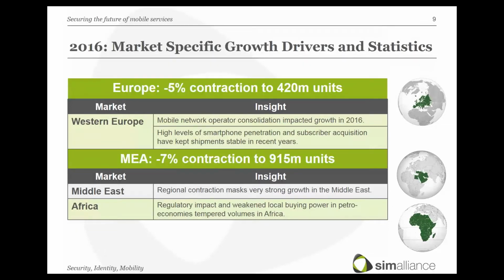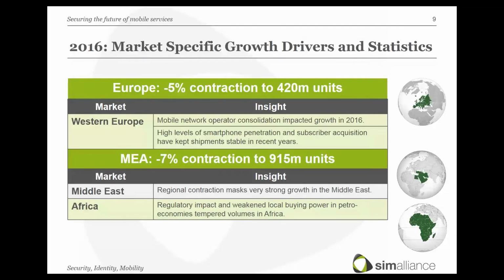And Middle East, I think, is doing excellent. Some of the regions are having issues, and that conflicts a little bit and masks a little bit the great performance that Middle East itself is having.